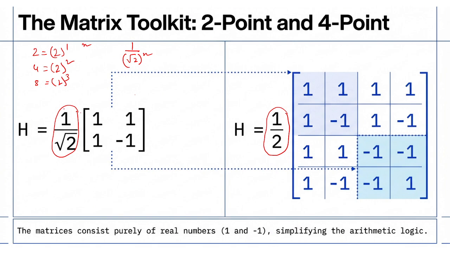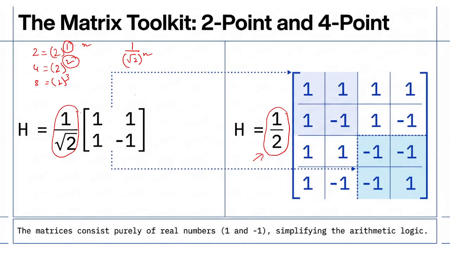If it is a 2-point Hadamard transform, the value of n is 1, so it becomes 1 by root 2. If it is a 4-point Hadamard transform, n takes the value 2, so it becomes root 2 squared, and we get 1 by 2 as the coefficient. So this is the scaling factor.